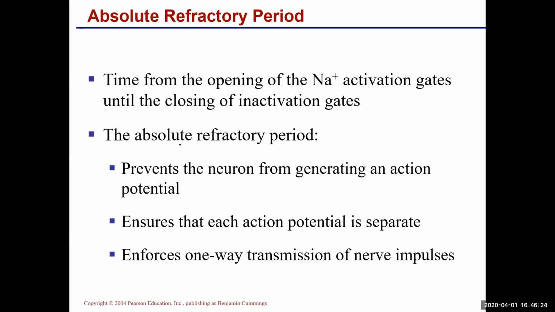Okay, so the video talked about the refractory period. There are two kinds of refractory period. The absolute refractory period basically prevents the neuron from generating an action potential. During this event, if you recall, we mentioned the inactivation gate, which was this part right over here, right?